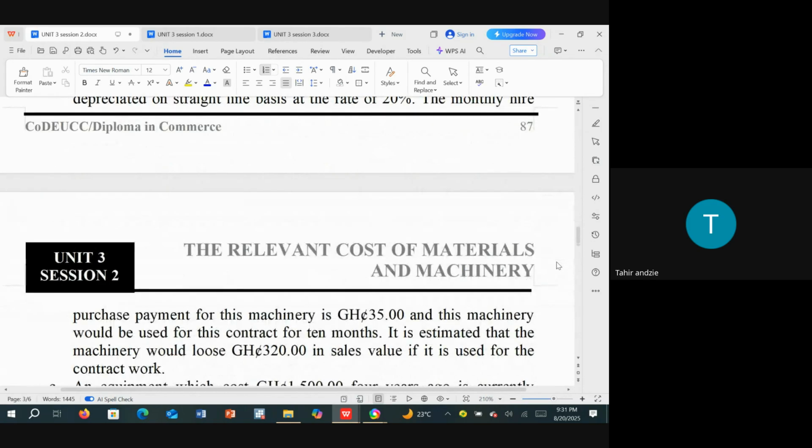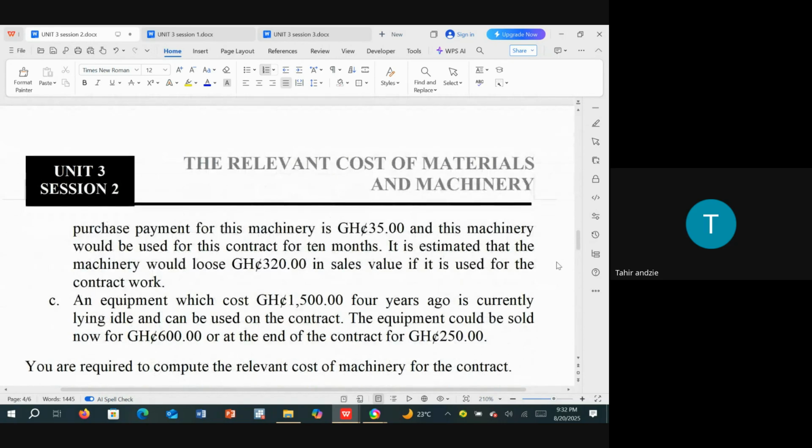The monthly hire purchase payment, take note, this one is a monthly hire purchase payment for the machinery, is 35 cedis, and this machinery would be used for this contract for 10 months. It is estimated that the machine will lose 320 in sale value if it is used for the contract.